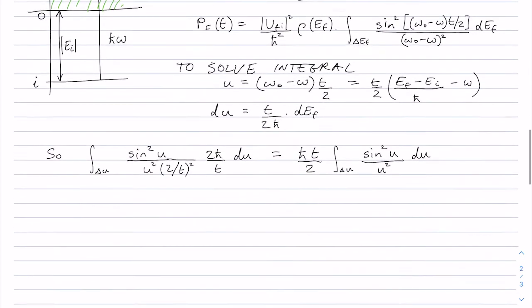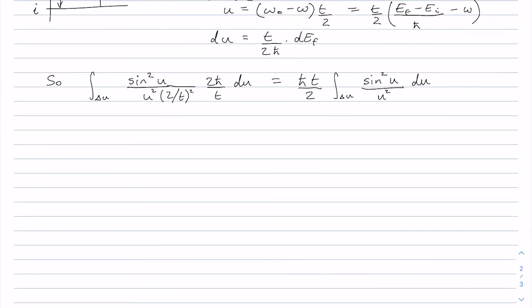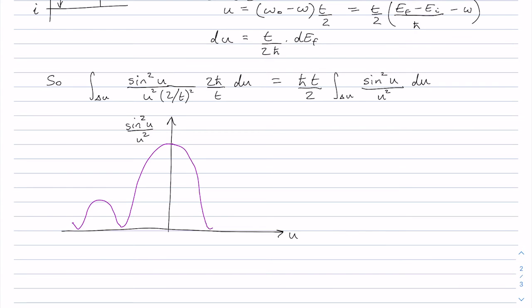So how do I integrate this sinc function, and what is the range delta U? So firstly, let's talk about the sinc function. It looks like this. Sine squared U over U squared versus U, something like this, where those tails are very much exaggerated.